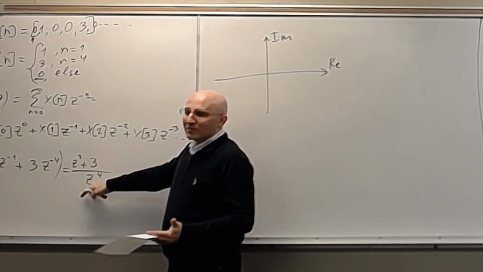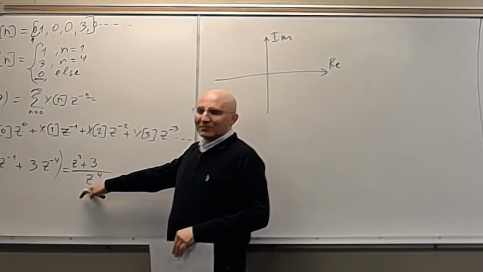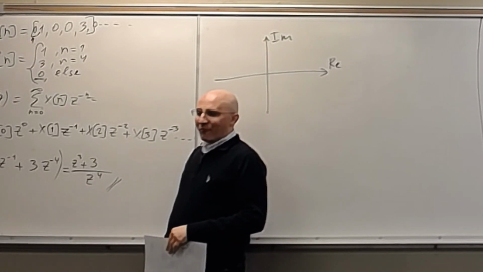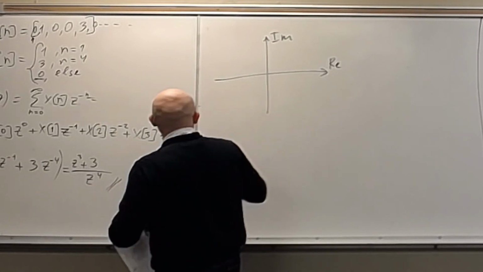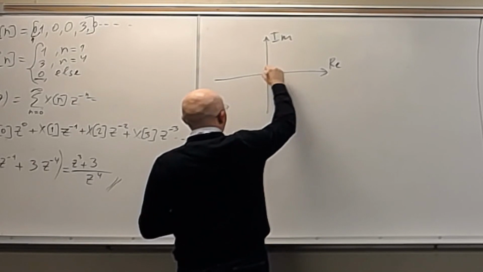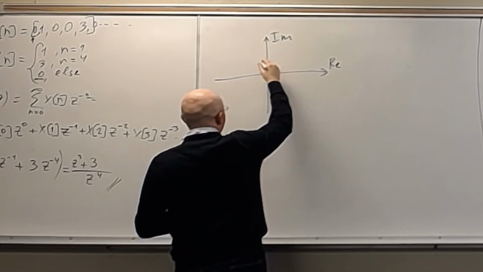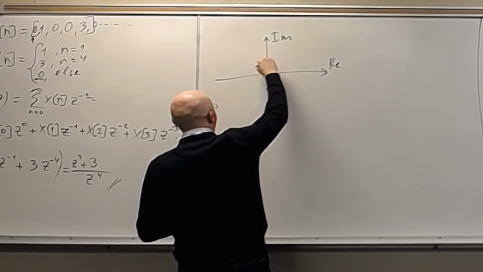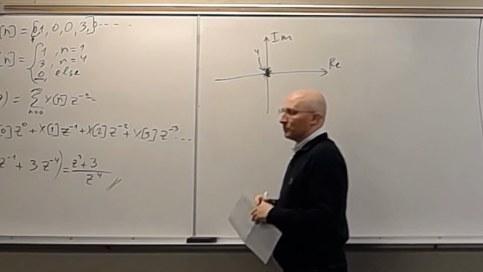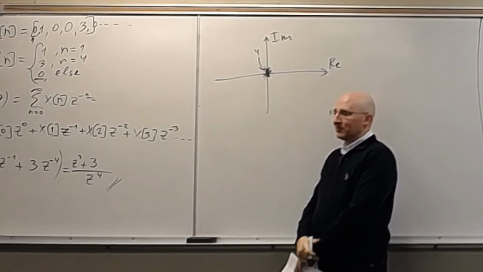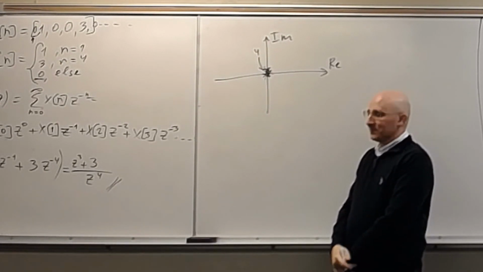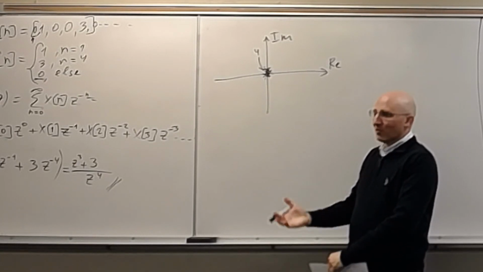What are the roots? 0, 0, 0, 0. You have 4 zeros, and this means that you put all of those 4 poles at 0. This part is easy. You have 4 real roots, all of them are 0.